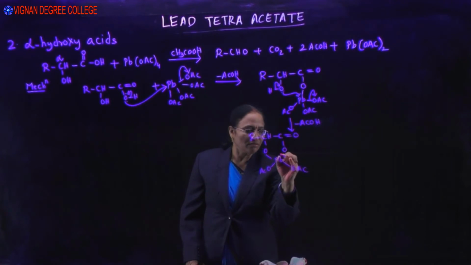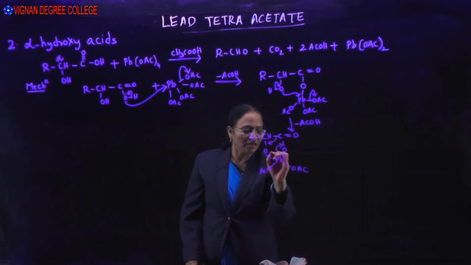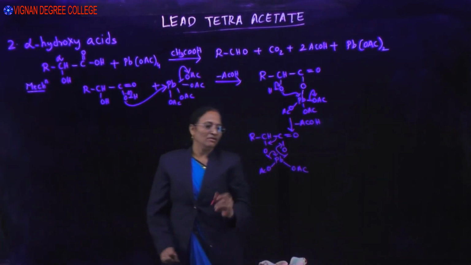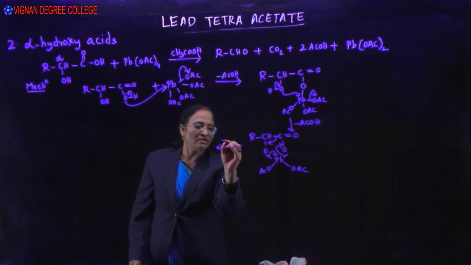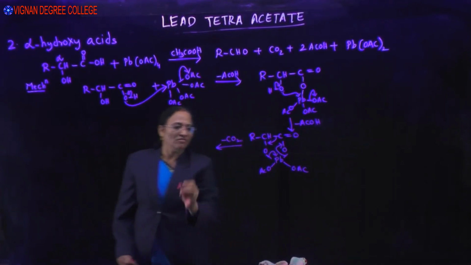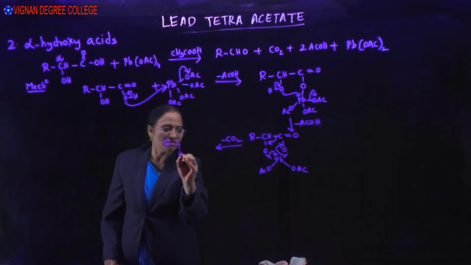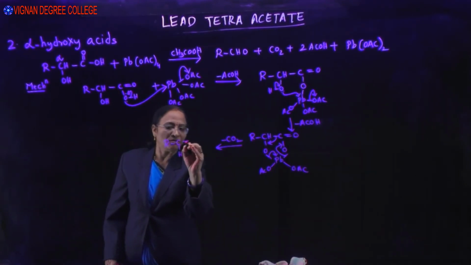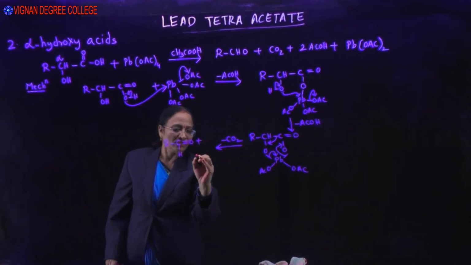So, this undergoes the decarboxylation reaction, that is elimination of carbon dioxide. So, minus CO2 with the formation of RCH double bond O plus lead diacetate.